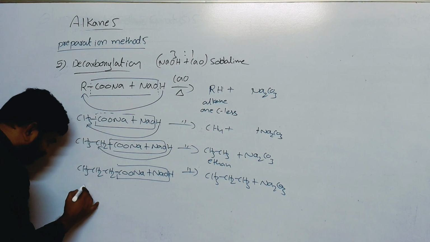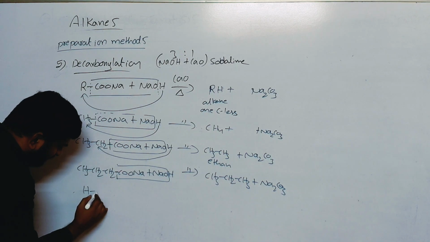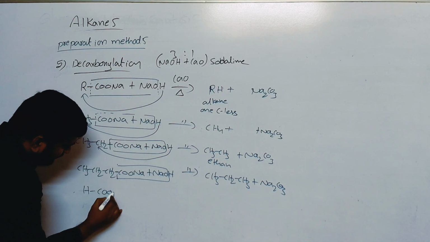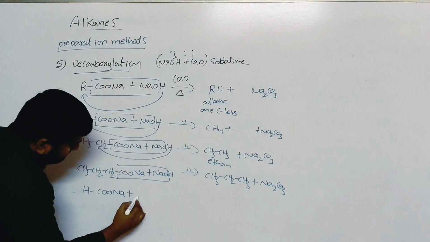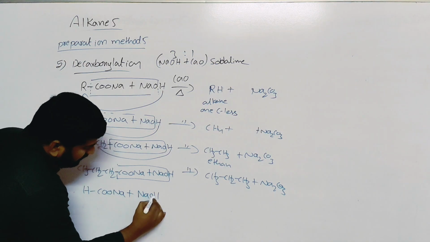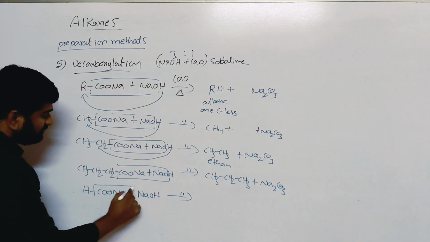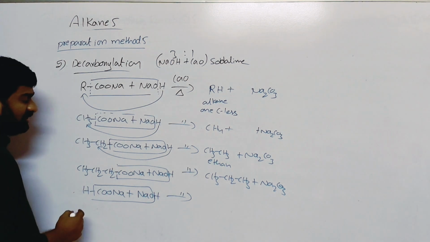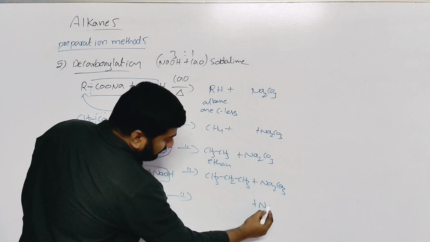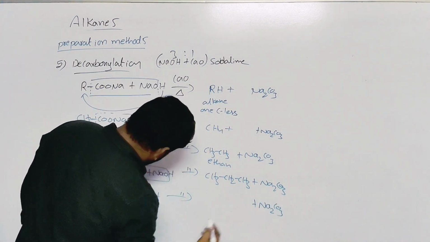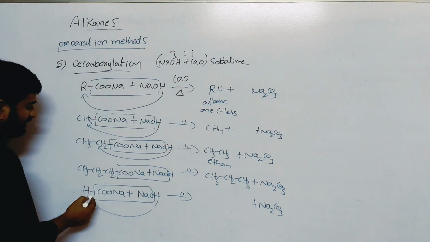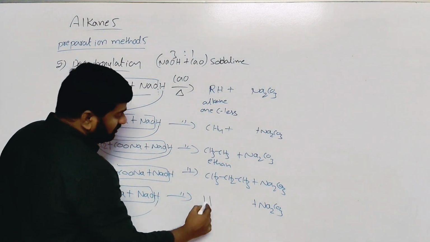If you take sodium formate, what is happening? From COONa onwards up to NaO will be removed as Na2CO3. This H will be added to this H, then H2 gas you will get.